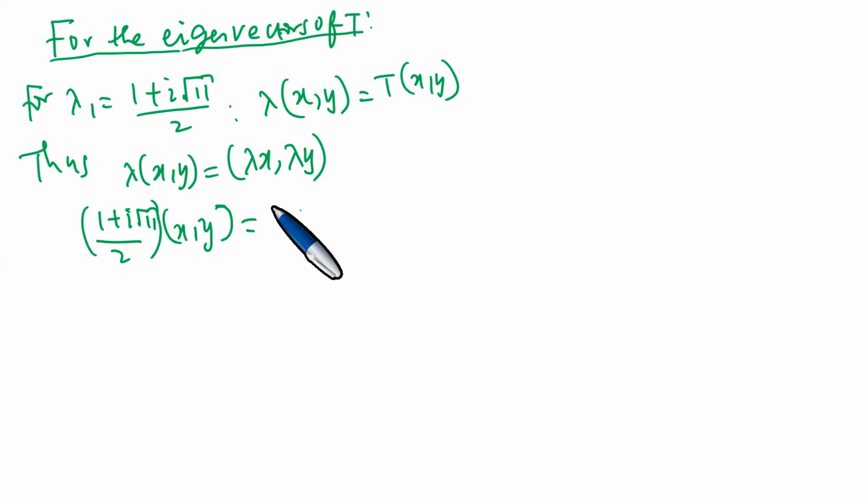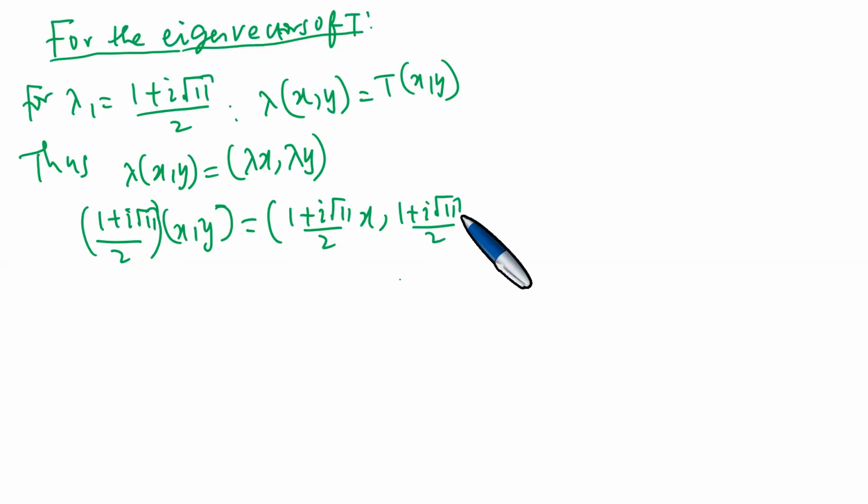So this is going to become 1 plus i square root of 11 out of 2 times x, and then 1 plus i square root of 11 out of 2 multiplying y. Just this way. Right, so this is what we get.